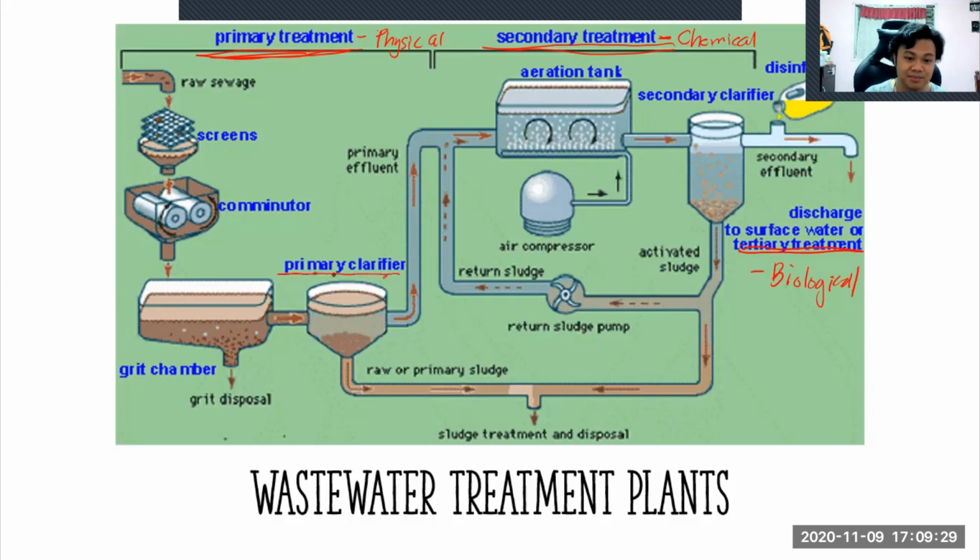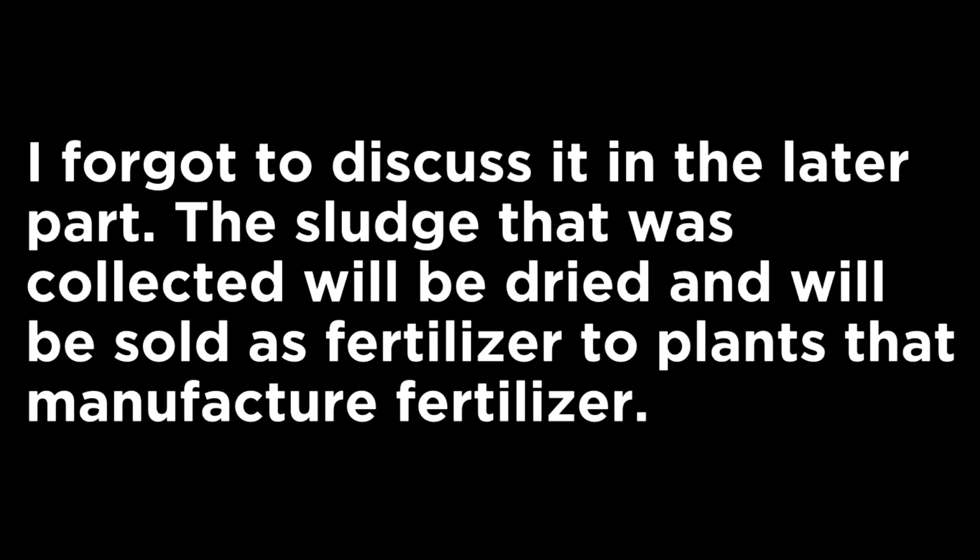The waters are murky, and the goal there is to let the heavier, muddy parts of your wastewater settle down so that they will be collected as sludge. It will go to sludge treatment and disposal. I will talk about that later, so just hang in there.